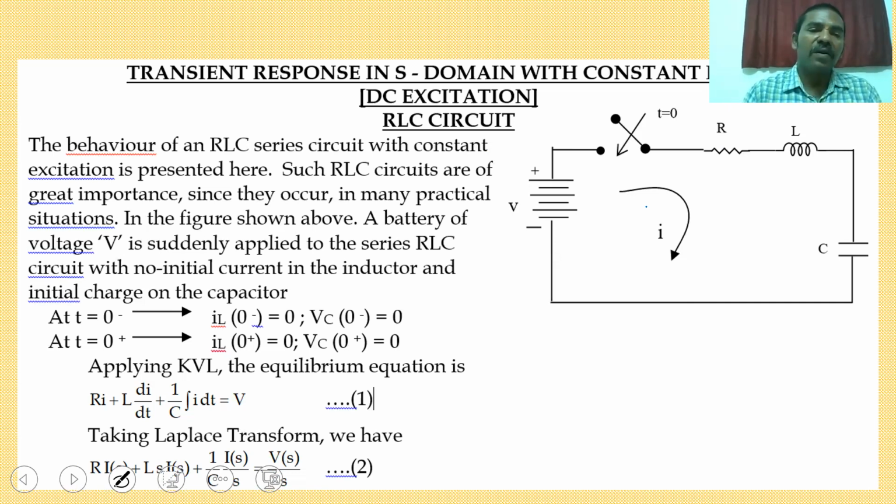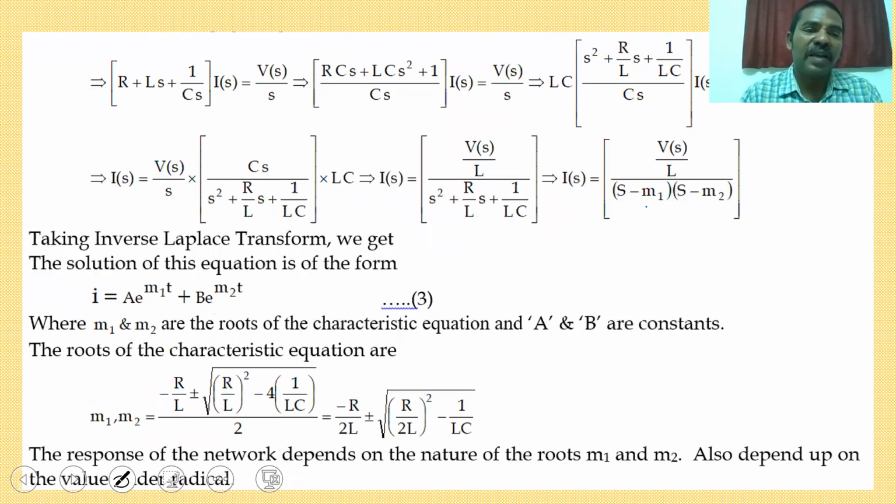Okay, so taking common: R plus Ls plus 1 by Cs into I of s is equal to V of s by s. So I am taking Cs as LCM.